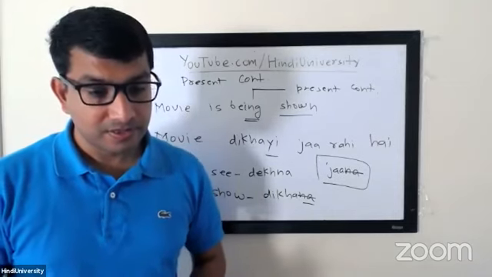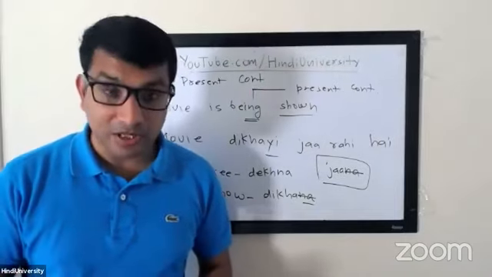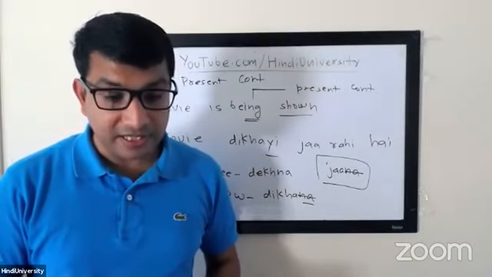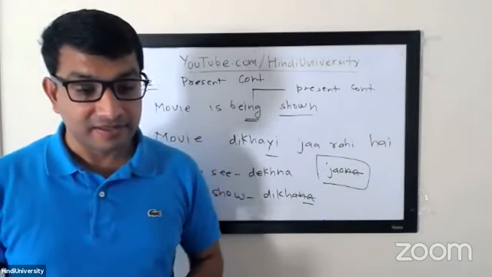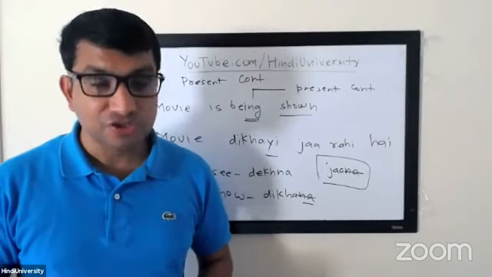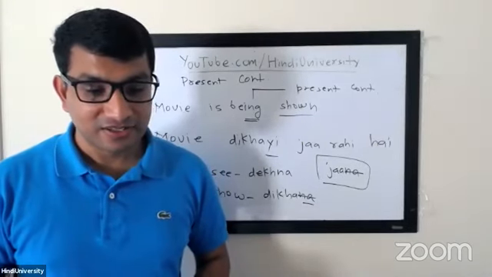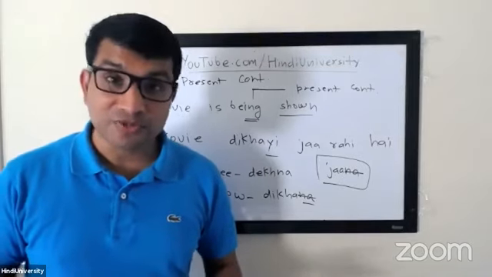Hindi boli ja rahi hai. Awesome. Let's say Jenny, how will I say tea is being made? Chai is feminine or masculine? Chai is feminine. Okay. Chai banai ja rahi hai. Awesome.